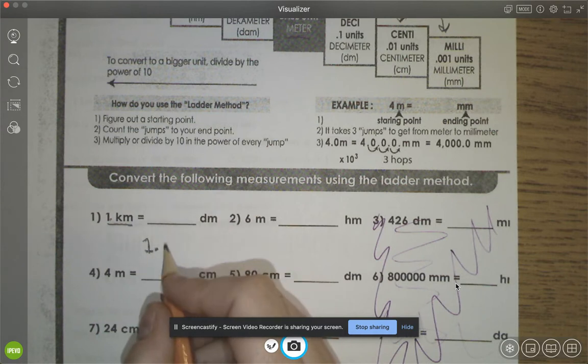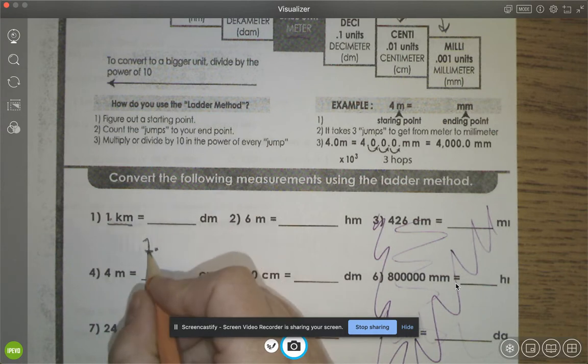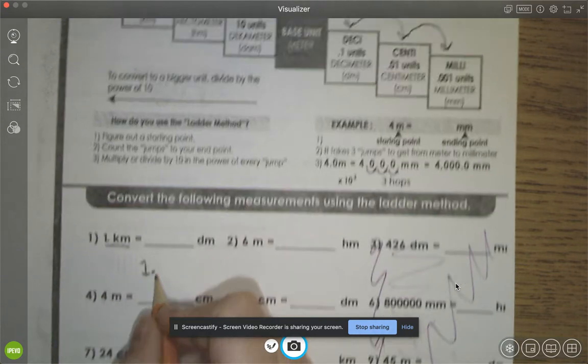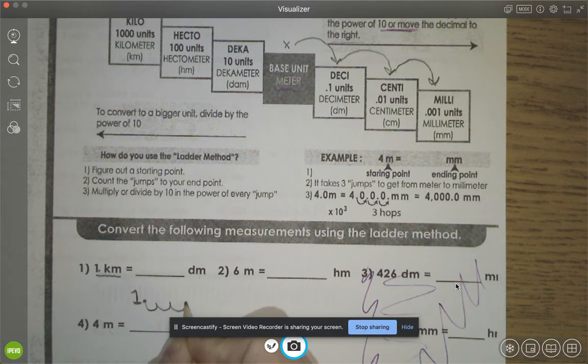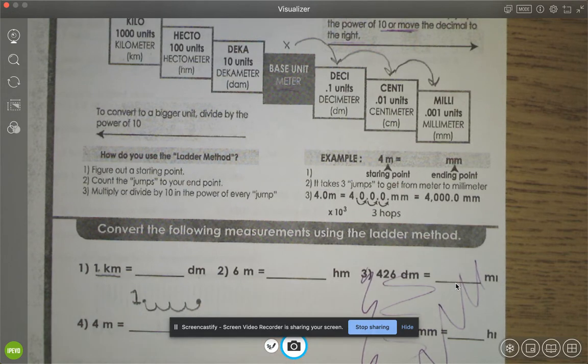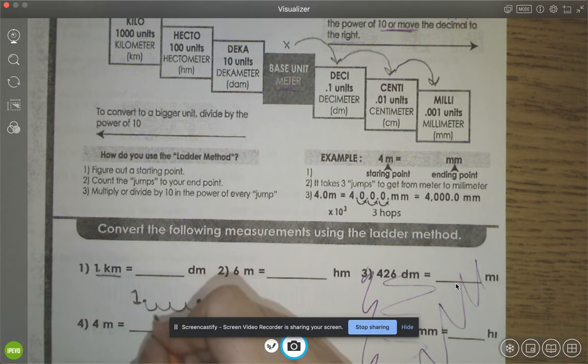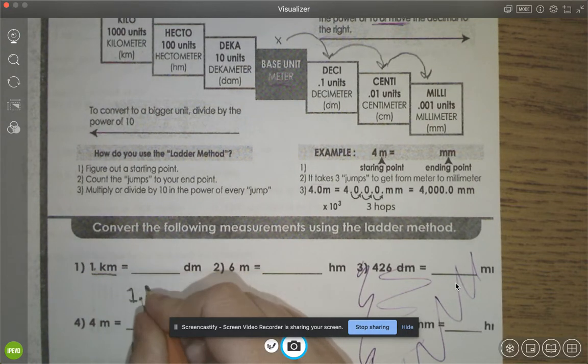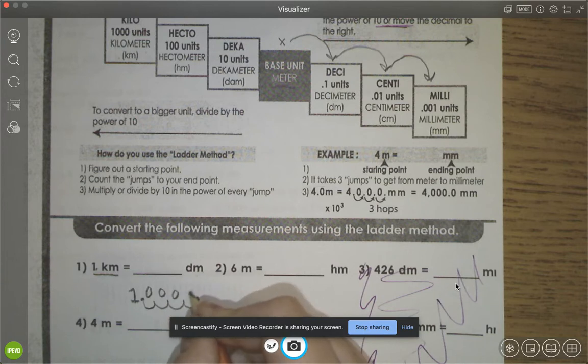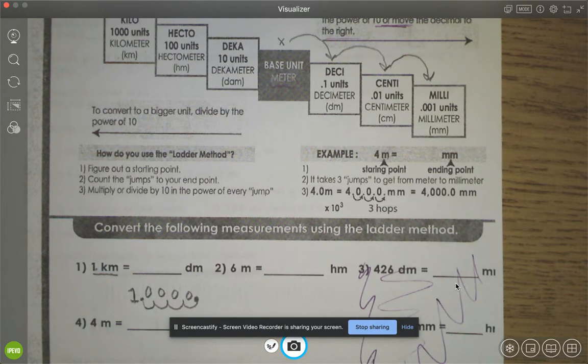So we went ahead and went down 4 steps from kilometer to decimeter. So 1, 2, 3, 4, and then you put your new decimal point. And then with each one of these divots, you are going to put a 0. 1, 2, 3, 4, right?